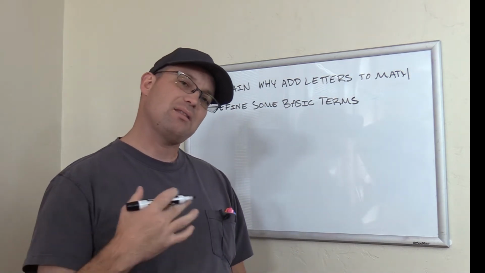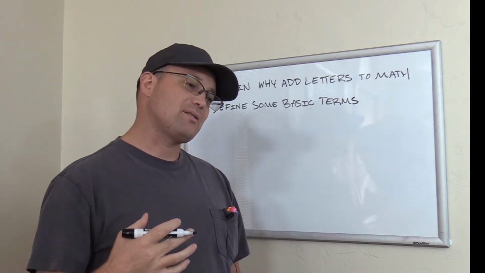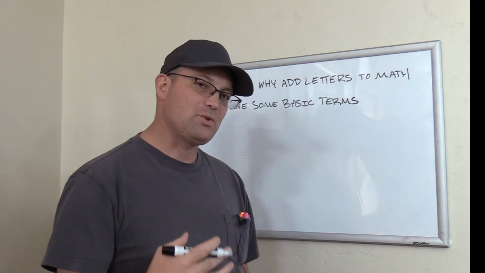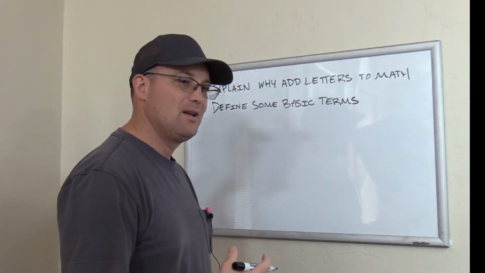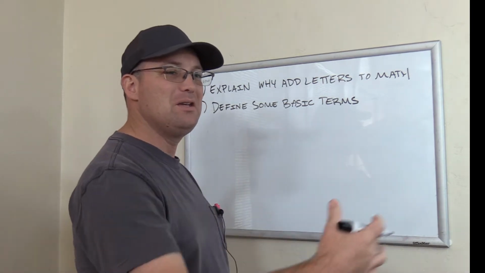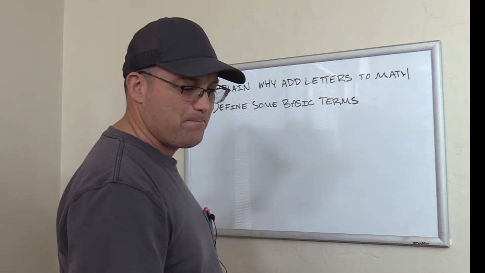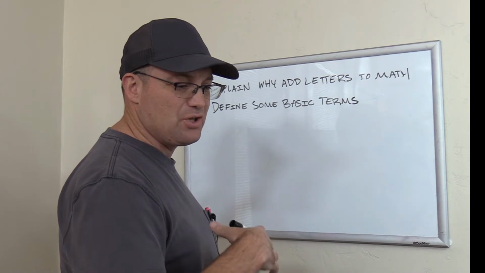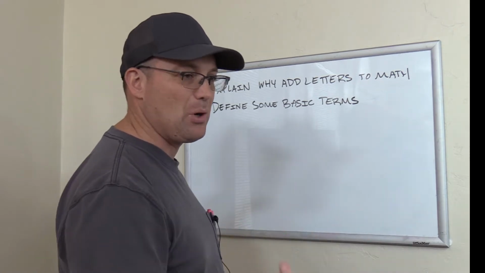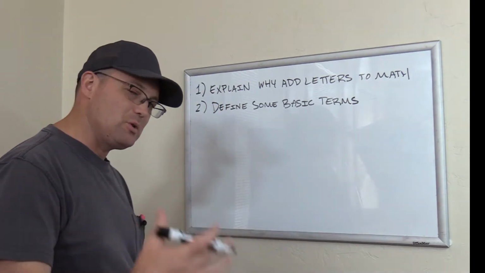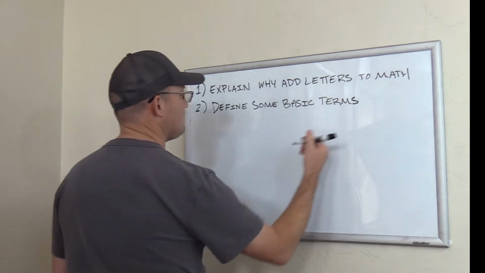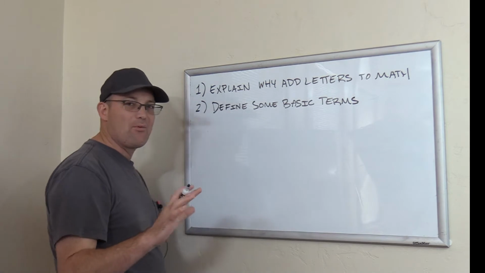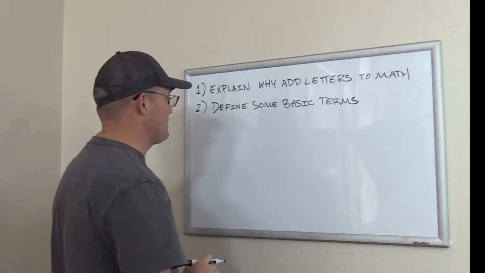It's not that the names are necessarily a fundamental principle of the universe, like the speed of light, but it's a common, traditional way to talk about the different parts of algebra. So if we're going to talk to each other about algebra the way that other people do, we need to know what those terms are. Don't worry, we're not going to go crazy. There are three or four things you've got to know.